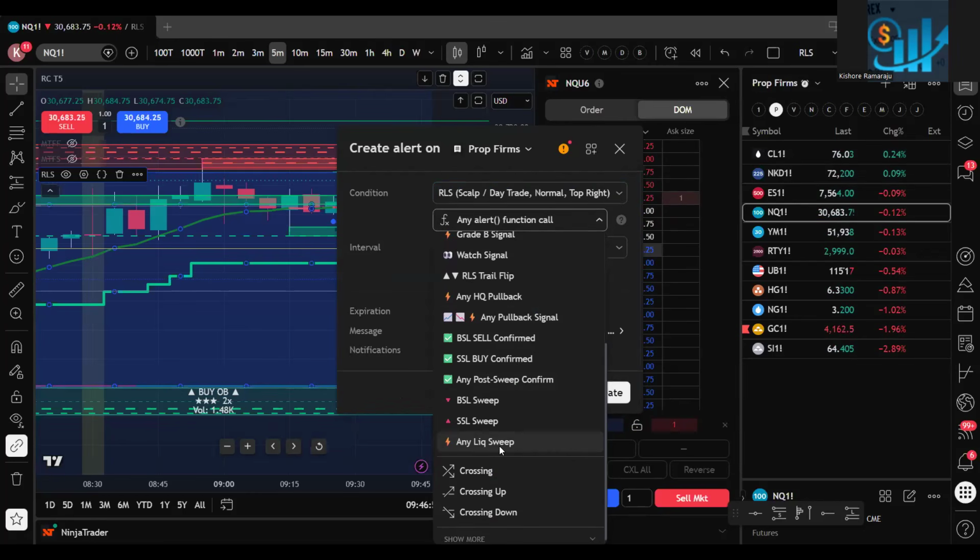Then I can put any liquidity sweep, whenever buy side liquidity or sell side liquidity, so I can be ready with my order. If I immediately see the next candle going as expected, I can immediately do a buy order or sell order. So you may get more signals here, but at minimum you will be prepared, instead of waiting for the buy to happen and then going and doing a buy order, right?